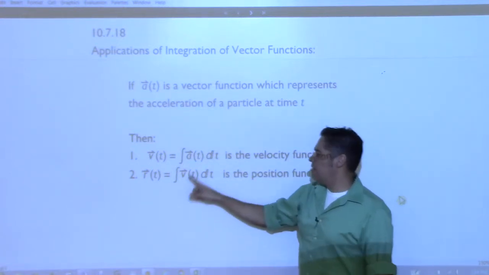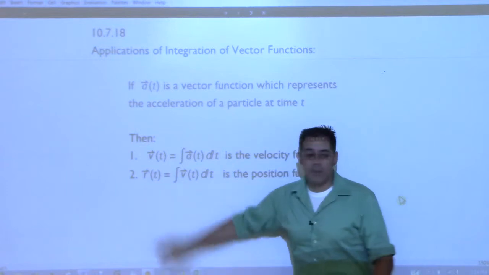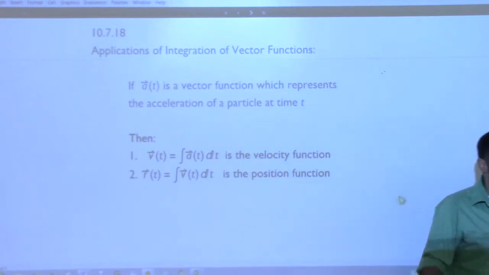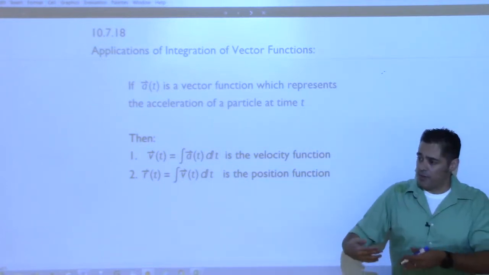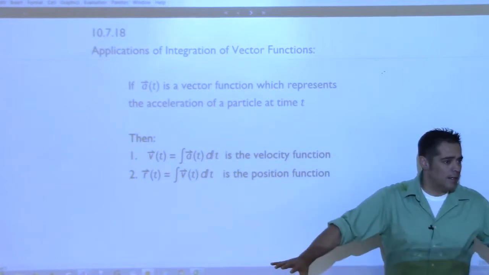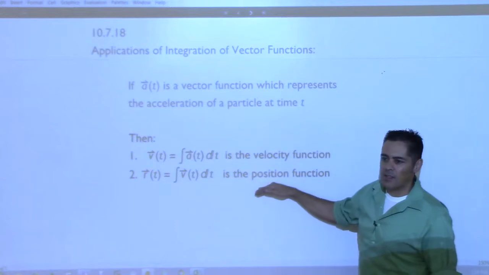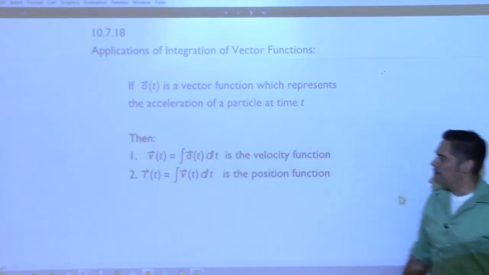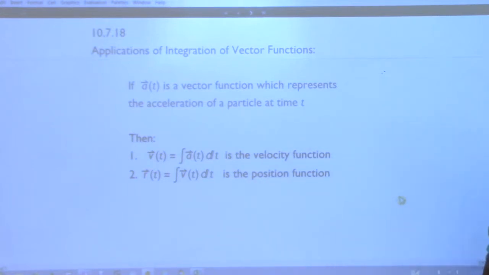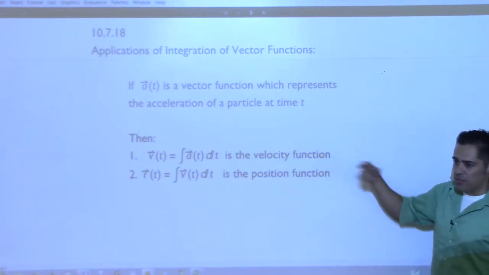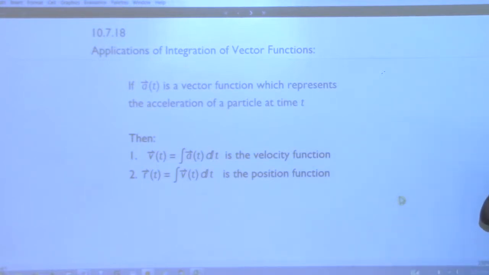And then if you take the antiderivative of velocity, you'll get the position function. But we know that every time you take a step backwards, every time you integrate, you get a family, right? So if you go from this backwards twice, you'll have 1 set of constants for each integration, so 2 sets of constants.